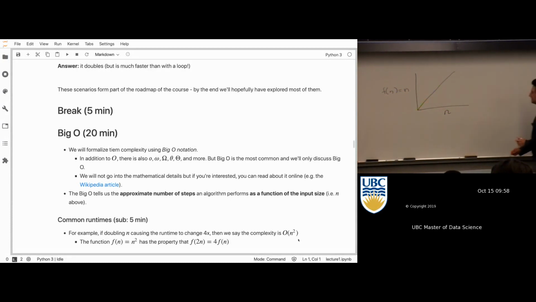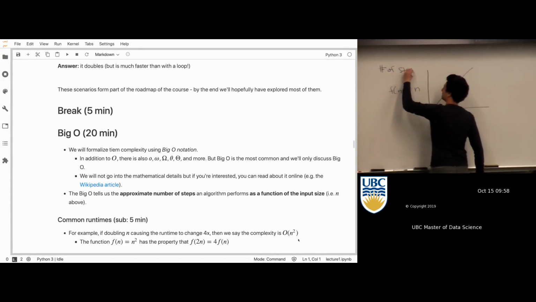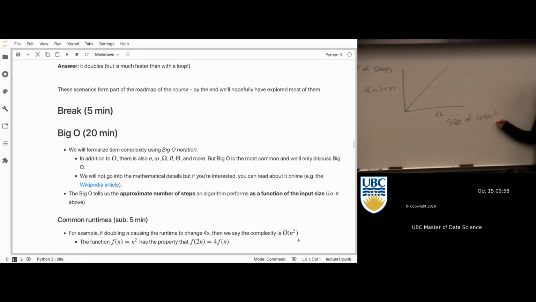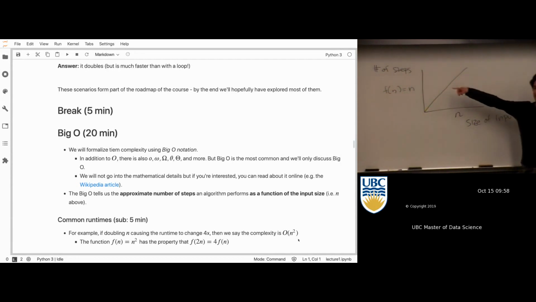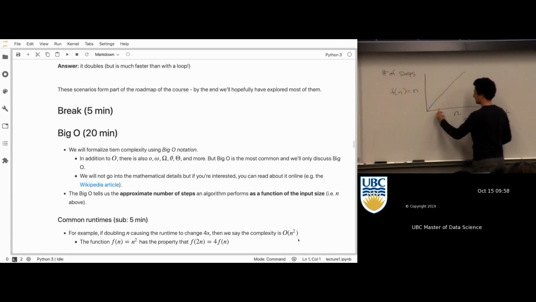So if this is the number of steps, and this is the size of the input, or the size of the list, or the size of the array, or whatever, if it's just a straight line like y equals x, then yes, if I double, this is 10, and this is 20, then this is also going to be 10, and this is also going to be 20.